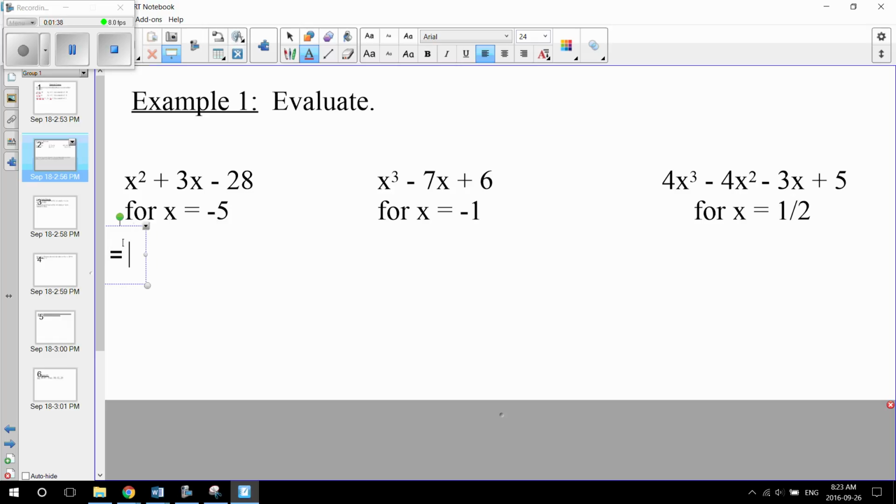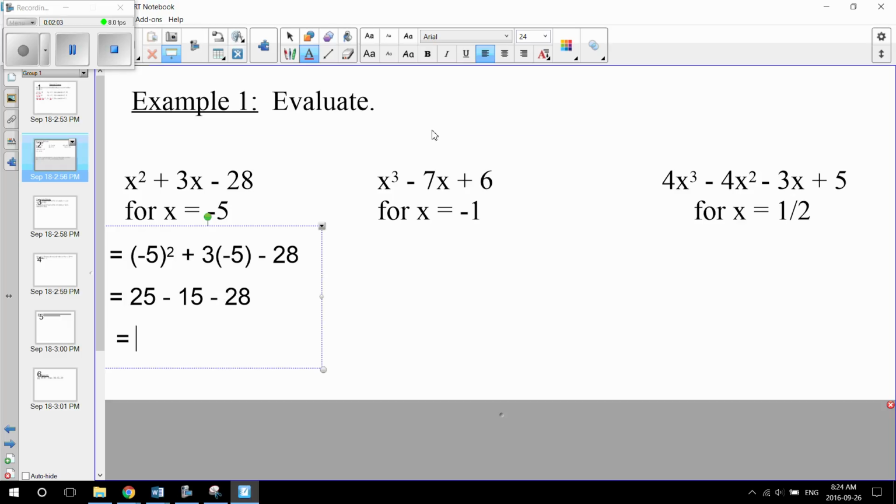So we're going to have negative 5 squared plus 3 times negative 5 minus 28. Negative 5 squared gives us 25. 3 times negative 5 gives us negative 15. And minus 28 at the end. When we evaluate that out, we get negative 18.